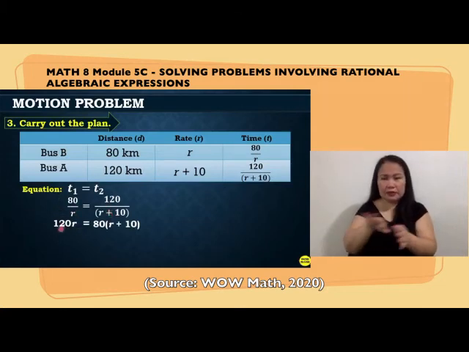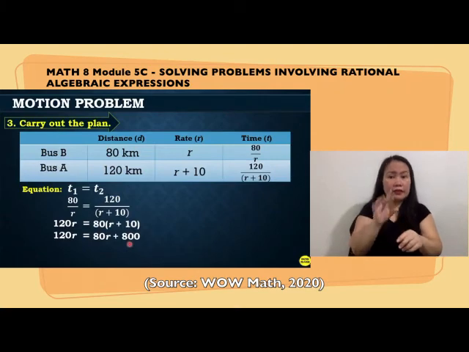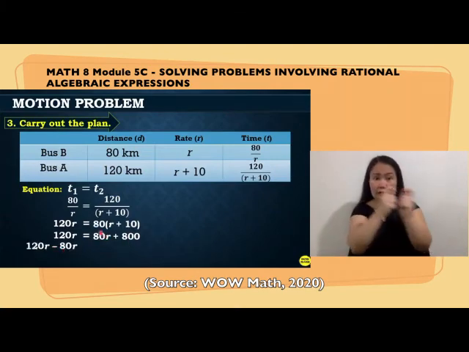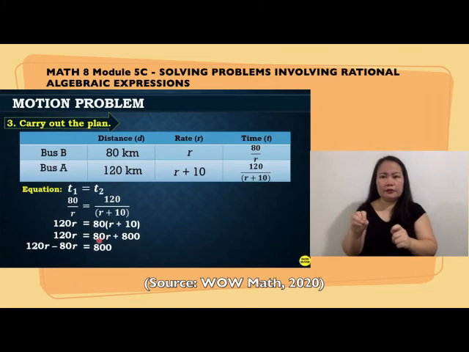Alright? So, 120R is equal to 80 times R plus 10. So, we will have 120R is equal to 80R. Bakit? 80 times R and then 80 times 10, that is 800. So, we will have 120R minus 80R. Lipat natin ito dahil pareho silang may R. So, combine similar terms is equal to 800.